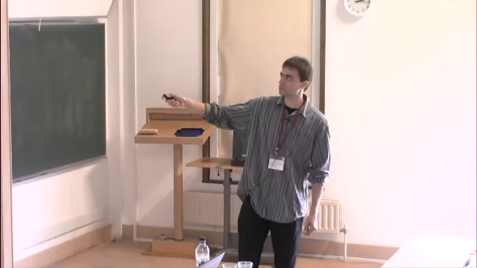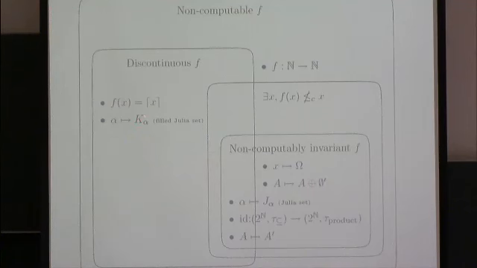You can always compute this from alpha, but not in a uniform way, because the function is not continuous. And there is the Julia set which is not computable in this sense: there is a computable alpha such that the associated set is not computable.